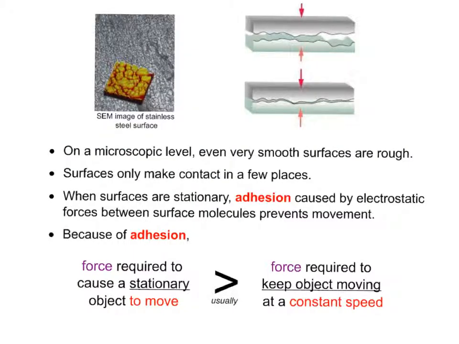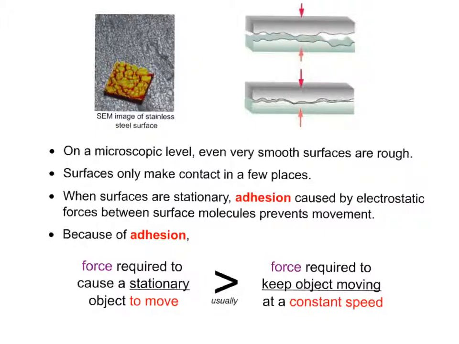So let's take a look at what is going on at a microscopic level when we talk about friction, because that is really where friction comes from. Surfaces are only making contact in a few places as they touch, because even very smooth surfaces are rough on a microscopic level.